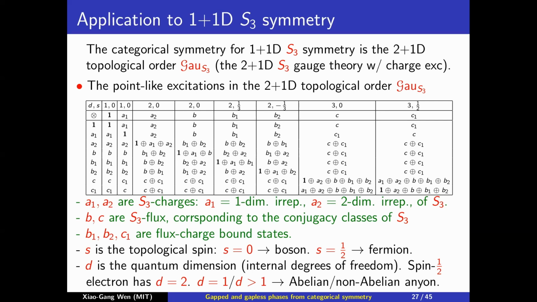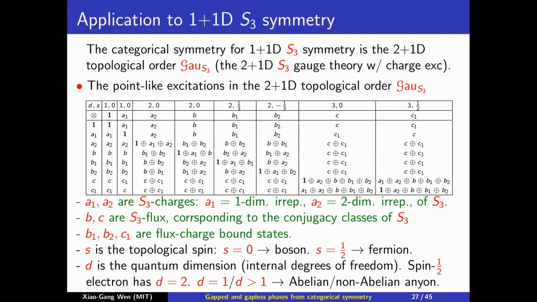But here the S3 gauge theory means with both flux fluctuation and charge fluctuation. So S3 gauge theory with the charge fluctuation is called the S3 topological order. The topological order just means you have a charge excitation.